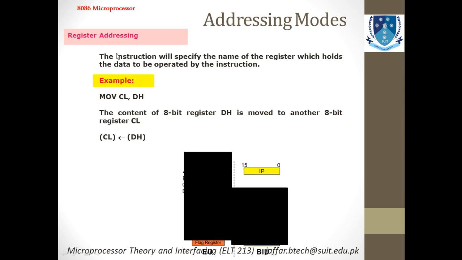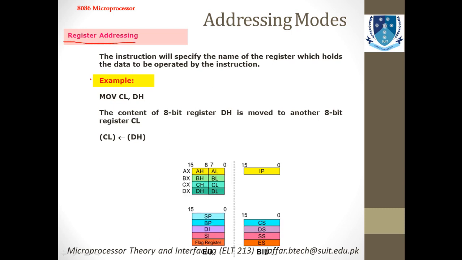In register addressing mode, you can call the address of the register that has some data in it. So you have directed the data to go into this register, and you have accessed the register directly. This is your C register, and this L represents the low byte of the C register.